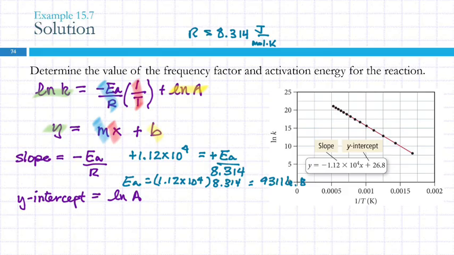So what would the unit on the activation energy be? I mean, we could put the units in here and cancel them all out, but what should the unit of an energy be? Joules. So this has joules in it, so this is going to come out in joules. What would be a reasonable number of significant figures? 3.